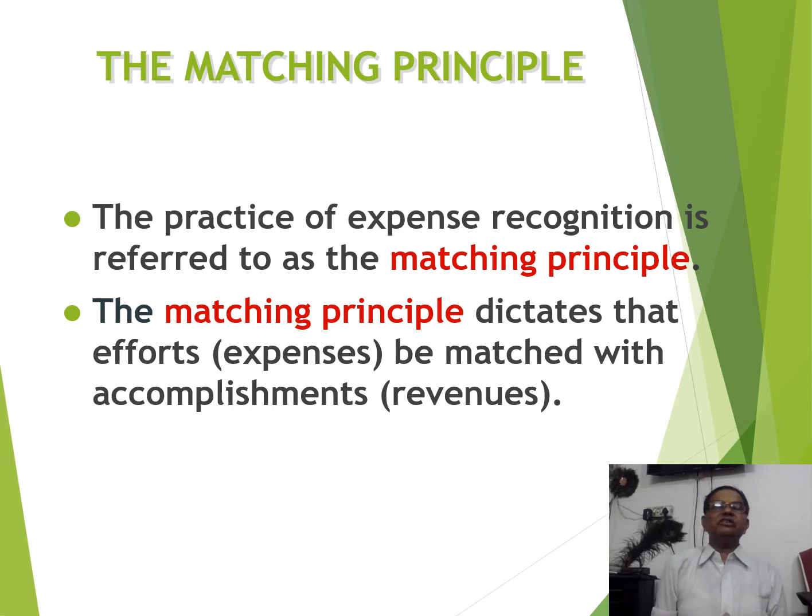The next very important principle is the matching principle. This is also the backbone of our adjusting entry, because we have to match the expenses with the revenue and revenue with the expenditure. If we have spent the money and we have not got the services, we have to recognize that.